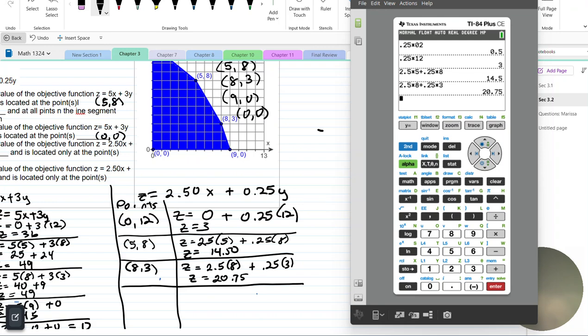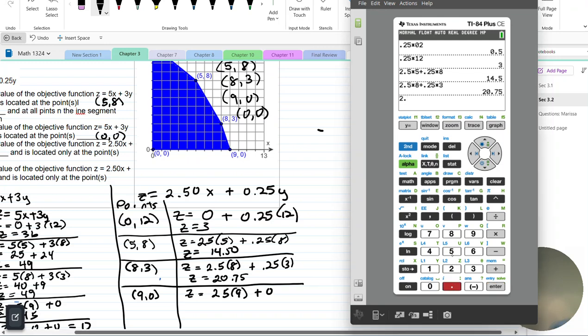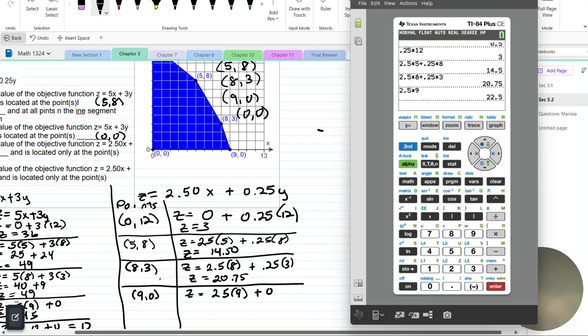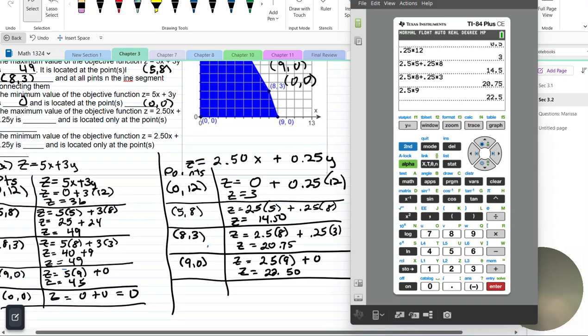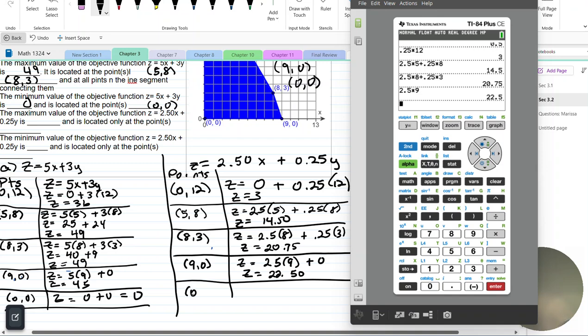Our next one is 9, 0. So z equals 2.5 times 9, I bet this one is the big one, plus 0. Right, for the max, 22.5. All right, and of course, our 0, 0. Right.